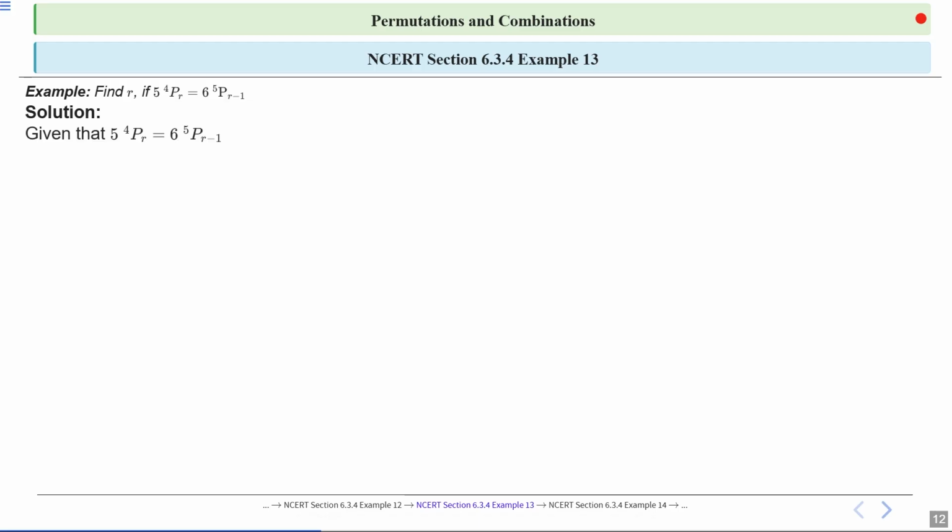Given that 5 times 4Pr equal to 6 times 5P(r minus 1), we need to solve this equation. So we have 5 times 4Pr, and as we know the formula nPr equal to n factorial upon (n minus r) factorial. So this gives us 5 times 4 factorial upon (4 minus r) factorial is equal to 6 times 5 factorial upon (5 minus (r minus 1)) factorial.